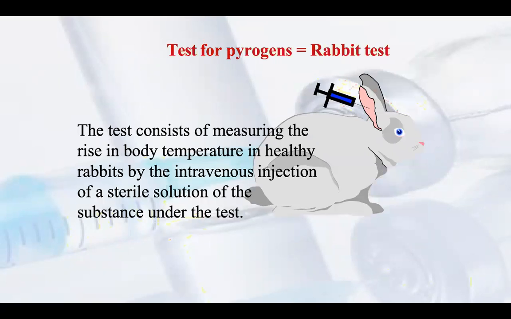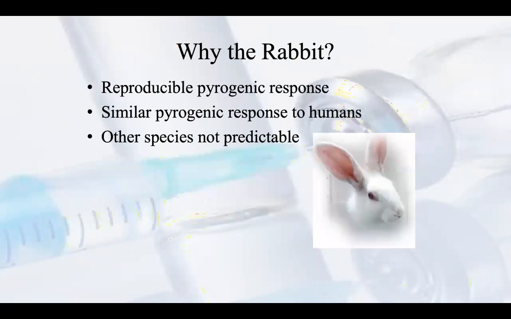Pyrogen rabbit test: the test consists of measuring the rise in body temperature in healthy rabbits after intravenous injection of a sterile solution of the substance under test. Why the rabbit? Reproducible pyrogenic response, similar pyrogenic response to humans, other species not predictable.